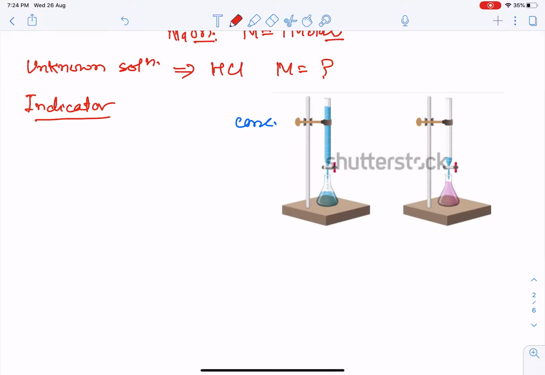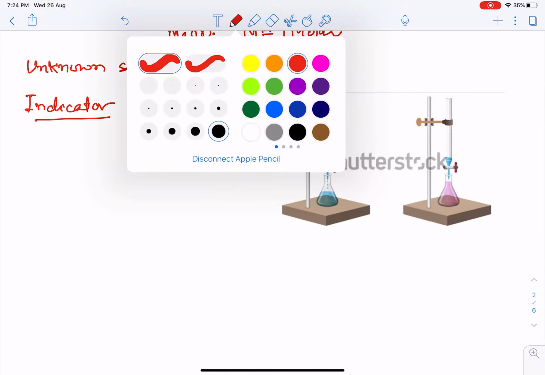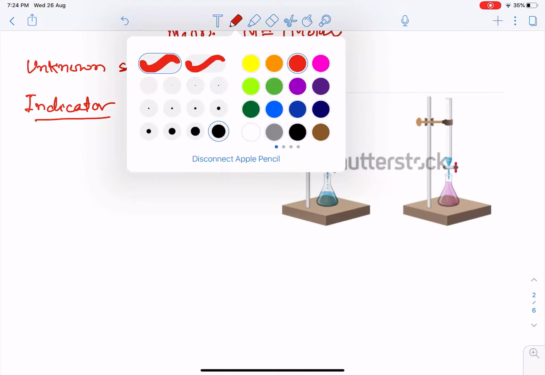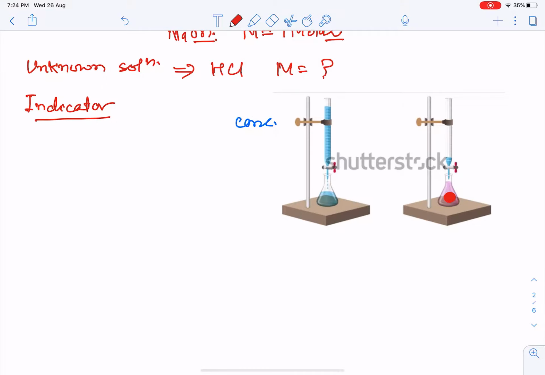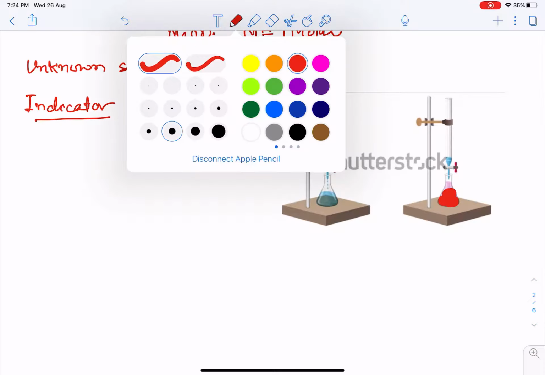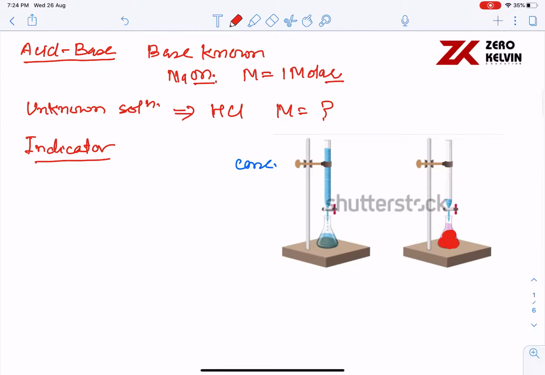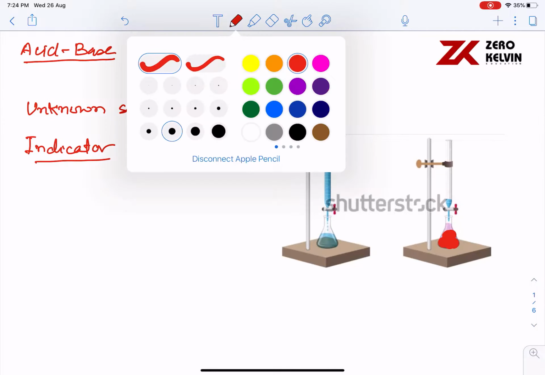This is the known solution. Suppose this is the known solution, right? Suppose, and this is HCl. So this is the unknown solution and this is HCl solution.